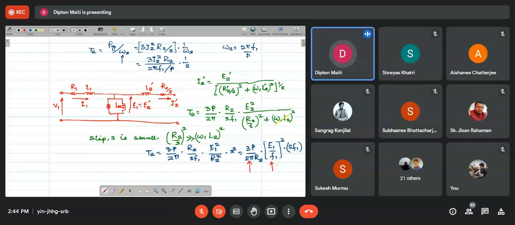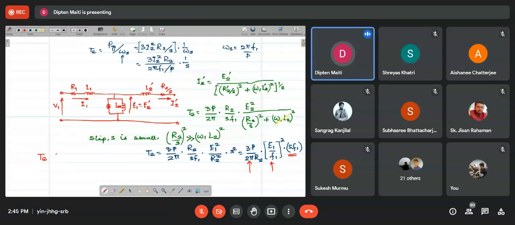If we can maintain this constant, in that case the torque would be proportional to this term, which is nothing but slip into the frequency, which is once again proportional to the synchronous speed. So slip into the synchronous speed is the slip speed. So torque becomes proportional to s f1, or s into the synchronous speed, which is nothing but the slip speed, if we can maintain the part in the third bracket constant.